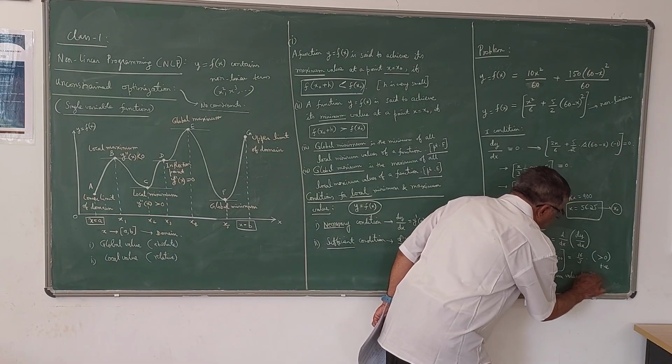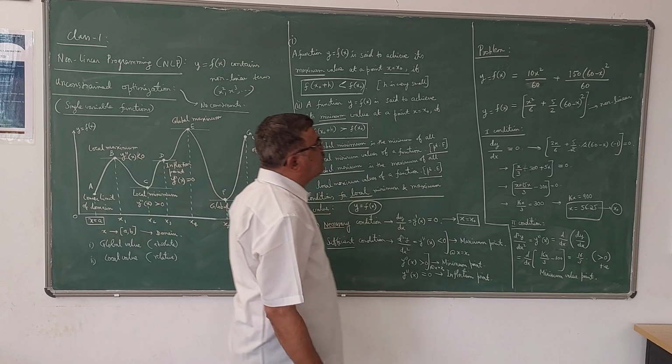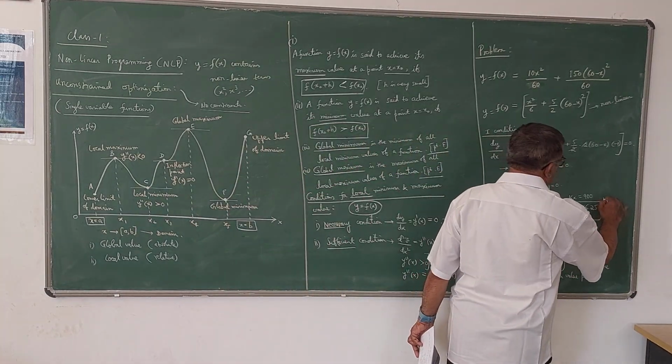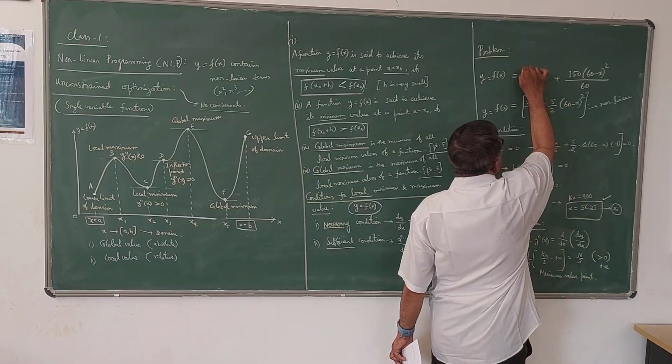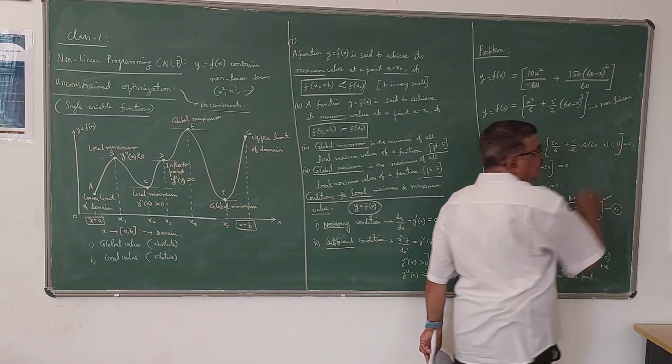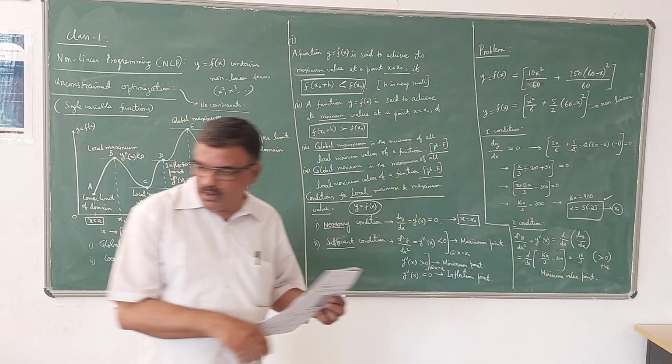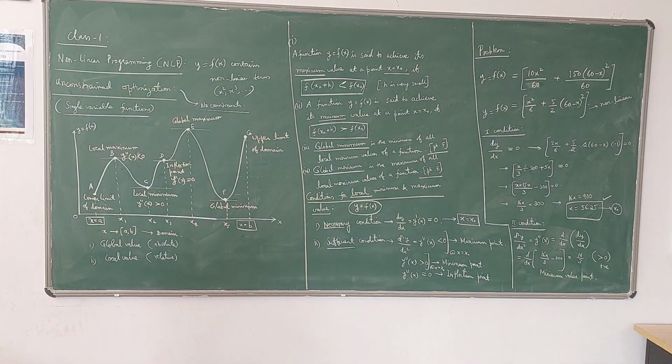Now what is the minimum value? If you want to find the minimum value, substitute x is equal to 56.25 in this given function.